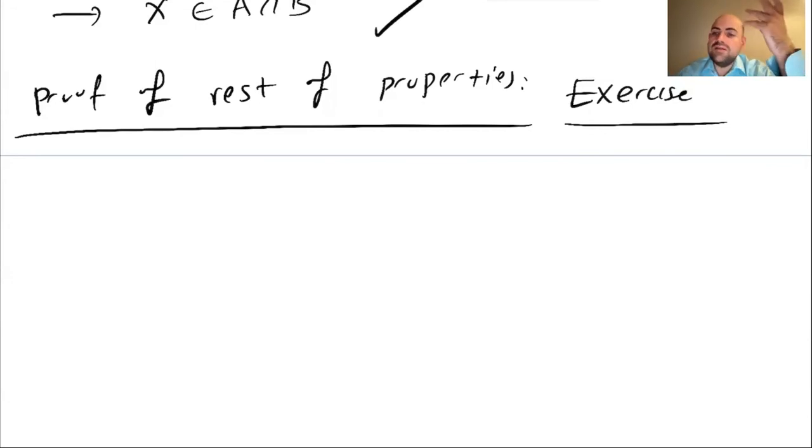But for some other identities, we can also prove them by using these basic identities. Of course, we can still prove them by taking elements, but we can also prove them by using these basic identities.